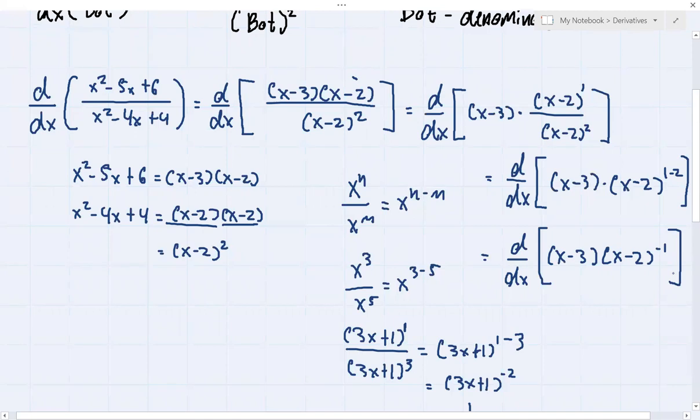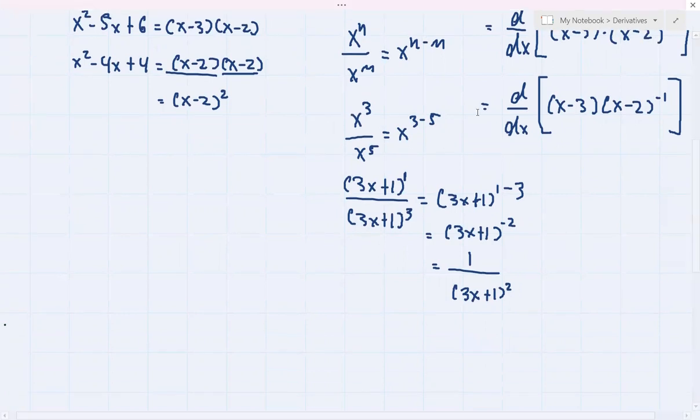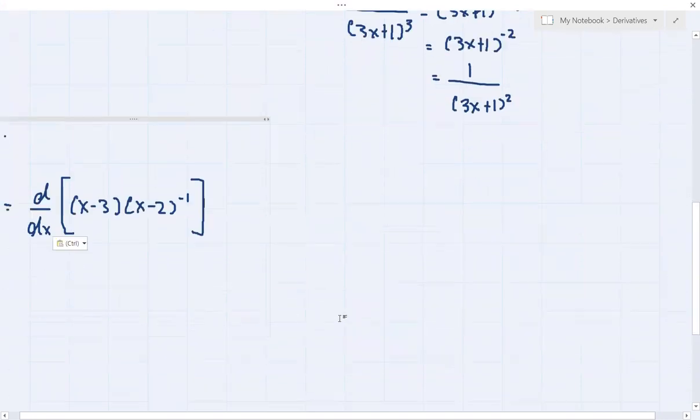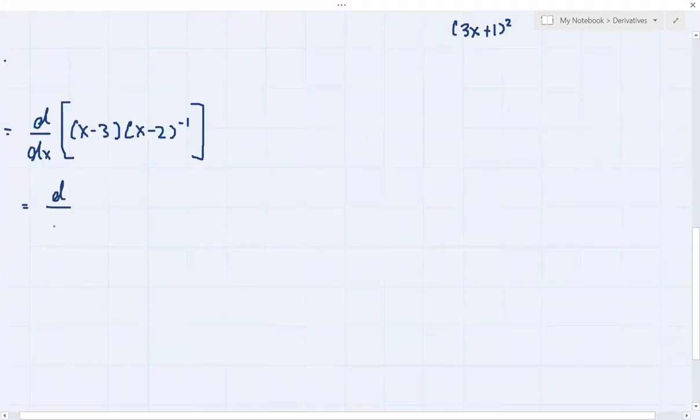So therefore, we have x minus 3 times x minus 2 raised to negative 1. Okay? And again, I can reciprocate it because it has a negative exponent. So, I have no space left, so I'll just put it here. Wait a moment. Copy, paste it here. There you go. So, in here, we will have the derivative of x minus 3, quantity x minus 3 times 1 all over x minus 2.